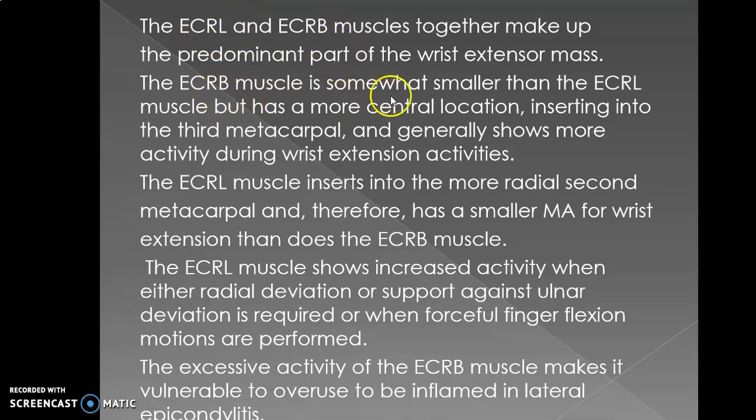The ECRB muscle is somewhat smaller than the ECRL. Normally the longus is larger than the other muscle, which is quite normal, but ECRB has a more central location, inserting into the third metacarpal, and generally shows more activity during wrist extension activities.